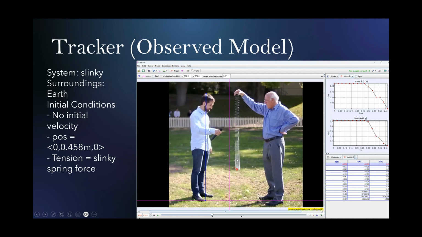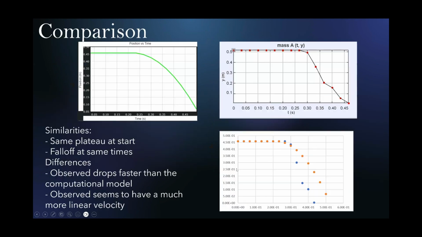It wants to decompress back to its original form, so the bottom will shoot out faster than it just being pulled down by gravity. That's what we can see here with our very big kick of velocity at the end.